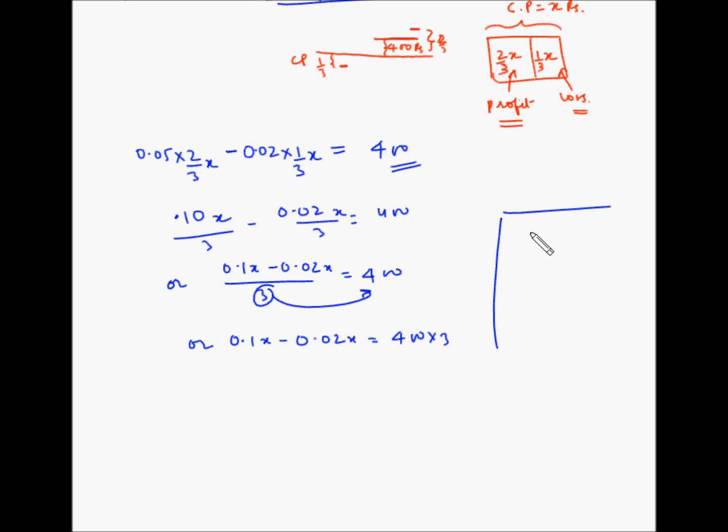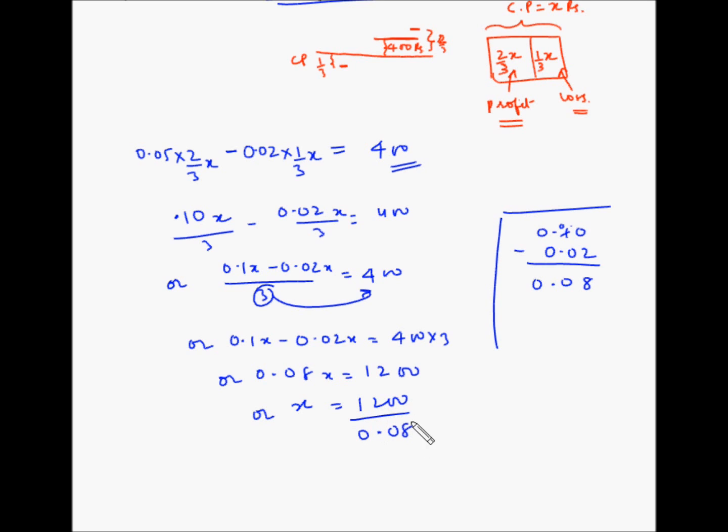Now 0.1 minus 0.02, so let's put 0 here, so this becomes 0, 1 carry over, so 8, 0.08. So 0.08 X is equal to, for 3s are 12, so 1200, or X is equal to 1200 divided by 0.08.